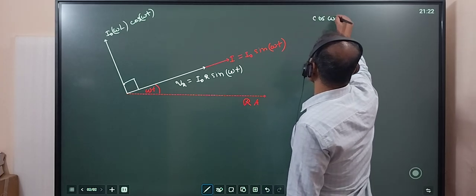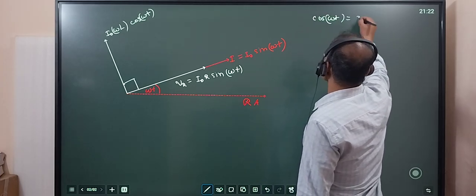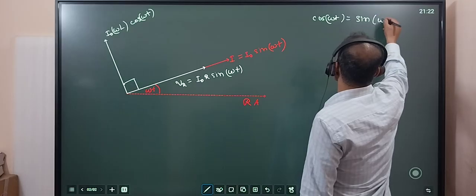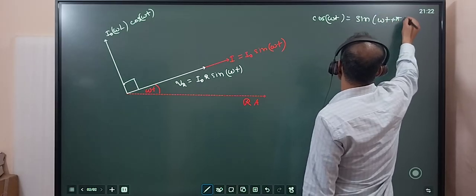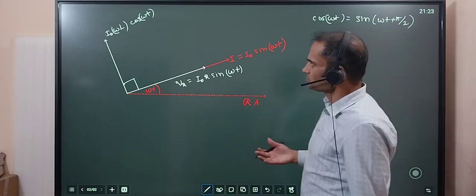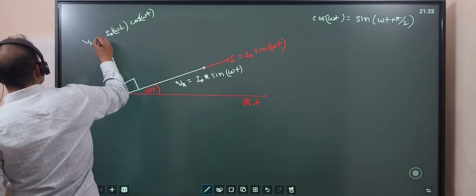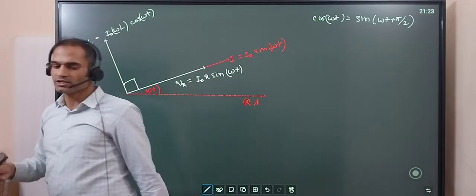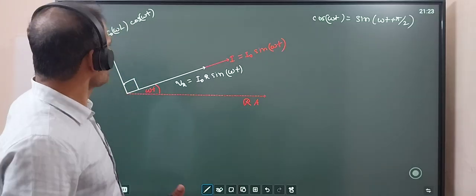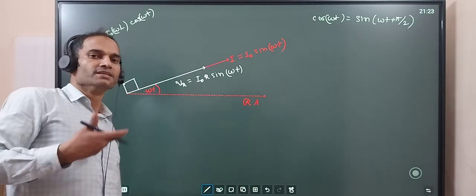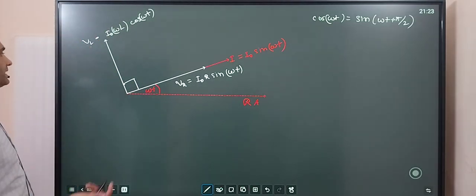So cos omega t is what? Sine omega t plus pi by 2. So we know this thing: the voltage across the inductor leads by an angle of 90 degrees.